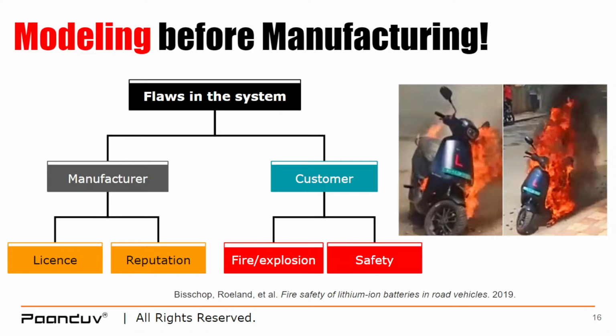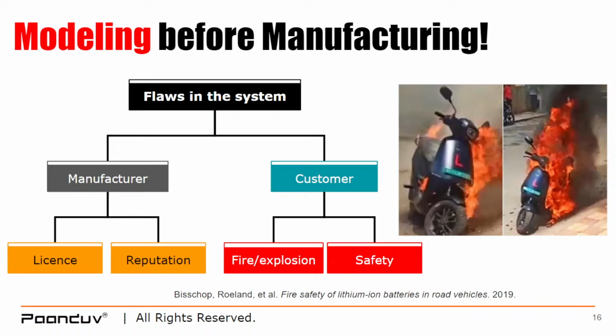Now, going back to the point of modeling before manufacturing, there are flaws in the system currently. This photo has become very popular in the news. This is a burning two-wheeler, a scooty, and it harms everyone in the process. There seems to be a rush in releasing premature technology to the market. Demand is very high.